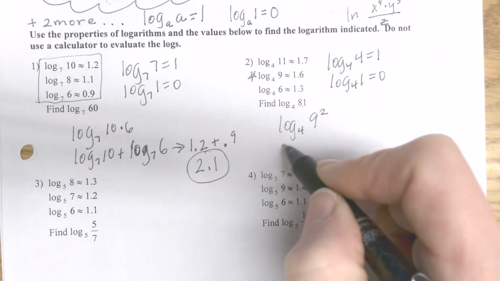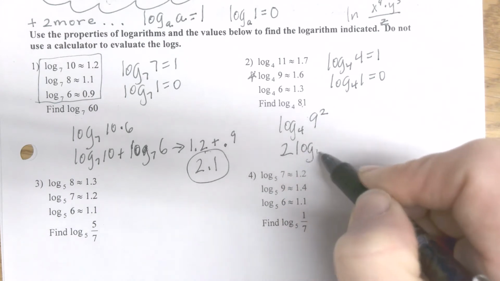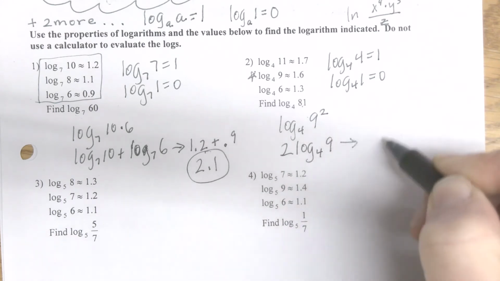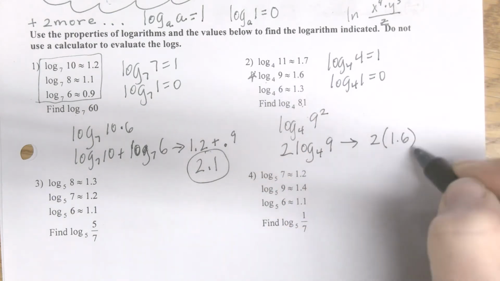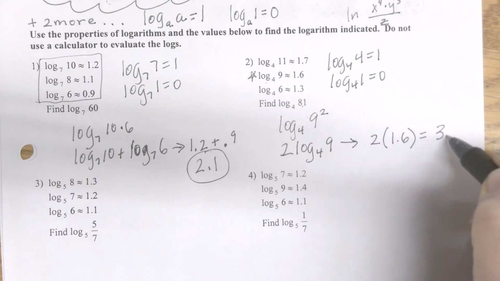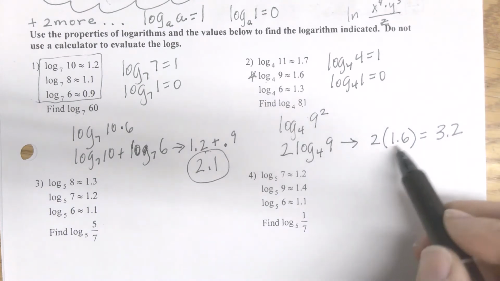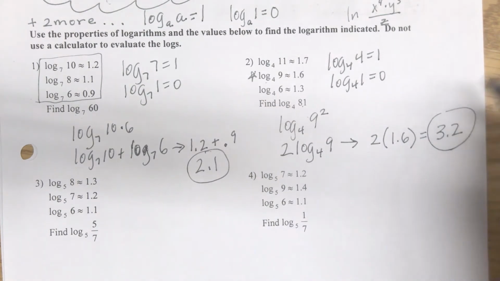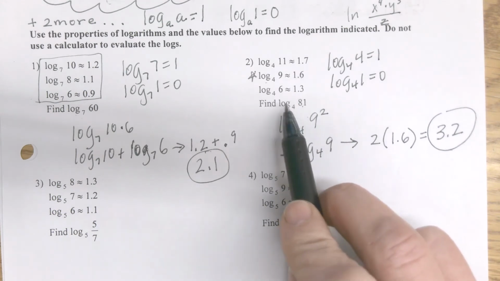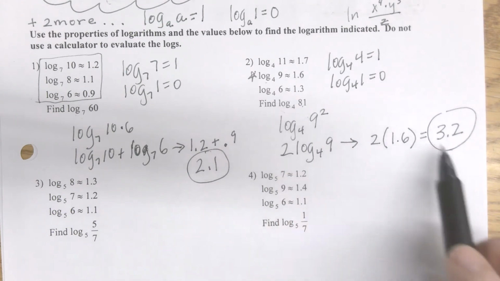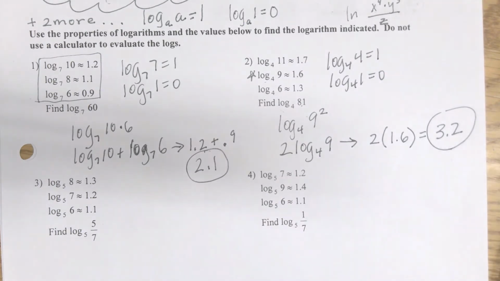And then I would put that 2 in front, 2 times the log base 4 of 9, or I'd rewrite that as 2 times 1.6. When I do the math, I get 3.2, 1.6 times 2, and that would be my final answer. Again, you can check it, log of 81 divided by log of 4, or ln 81 divided by ln 4, and you should get something very, very close to 3.2.